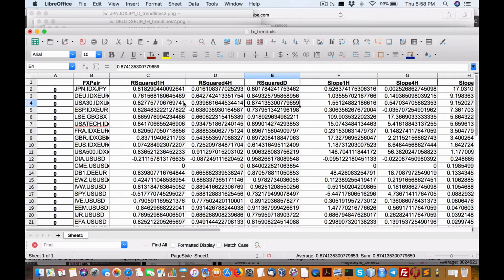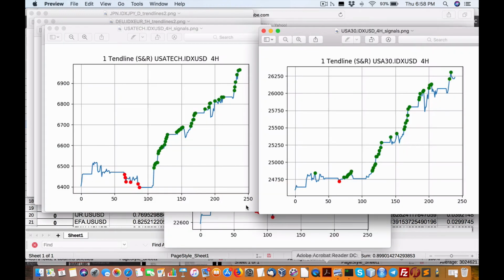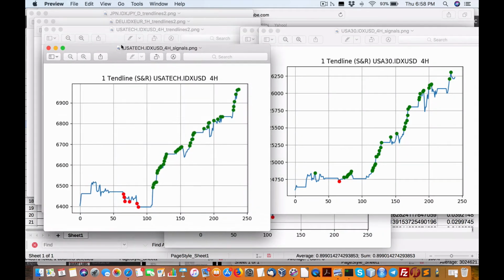But here, interesting, the US 30 is quite strong. And then also with the tech, which we have looked at here through the signals, the buy sell signals. So we can kind of verify that that is true. Where is my preview? Here we are. Yeah, so this is what we're referring to.